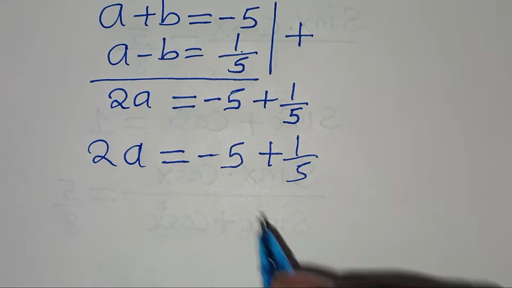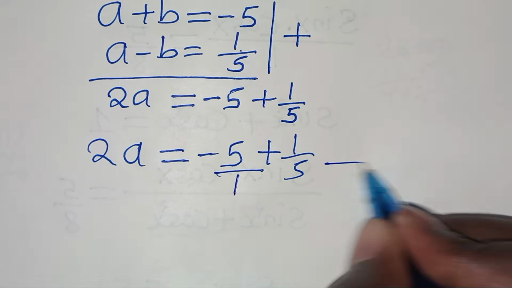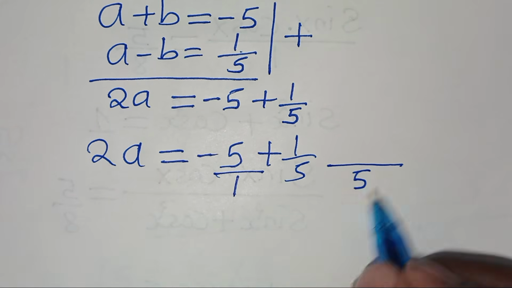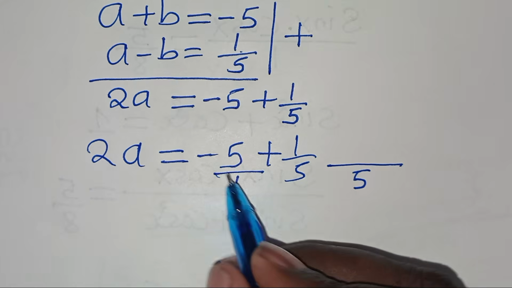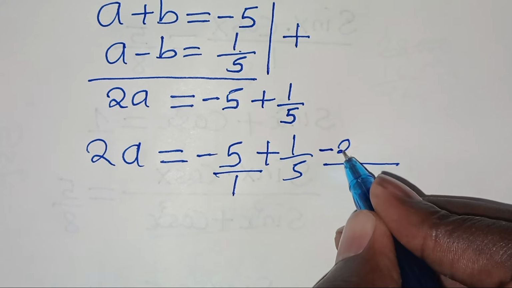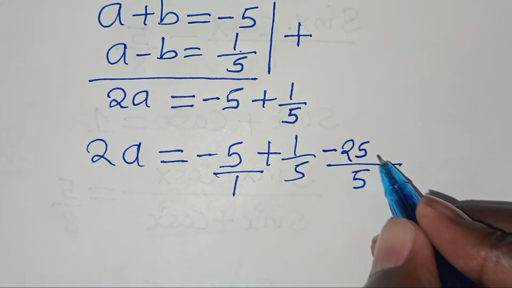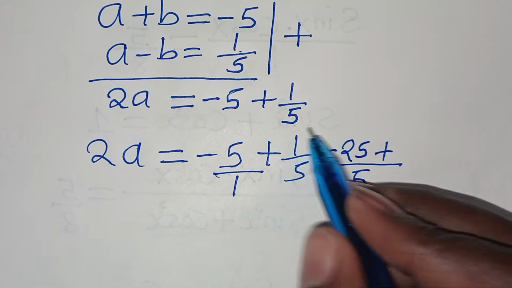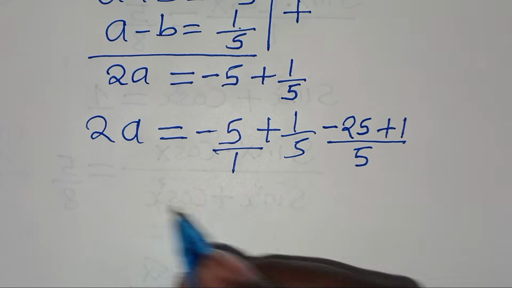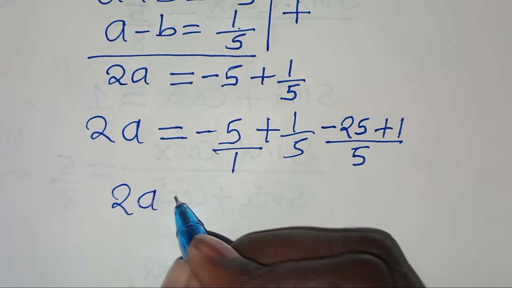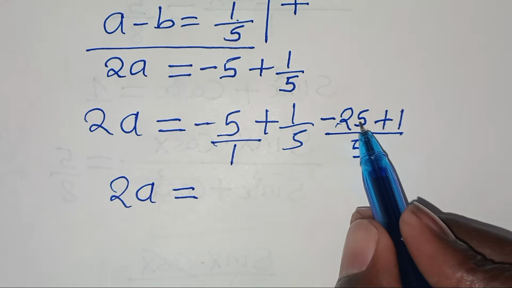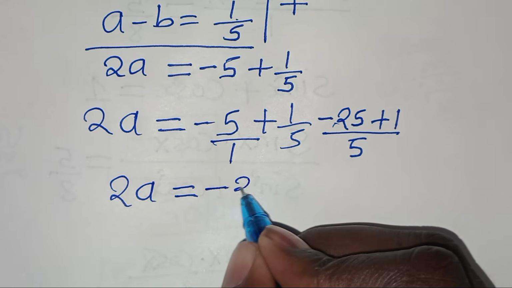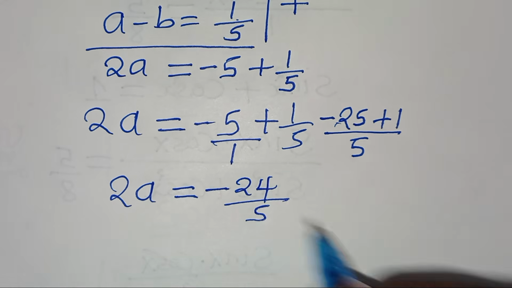So negative 5 is our number, so this is over 1. The LCM is 5, so we have 5 divided by 1, this is 5 times minus 5, this is negative 25. Then plus, here we have 5 divided by 5, this is equal to 1 times 1, this is 1. So here we have 2a is equal to negative 25 plus 1, this becomes negative 24 over 5.